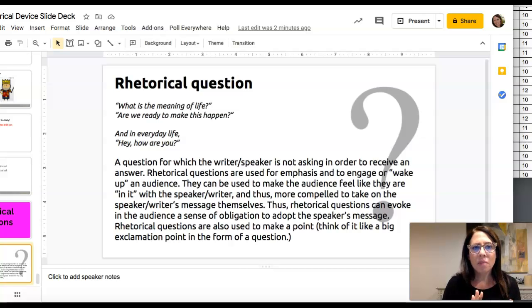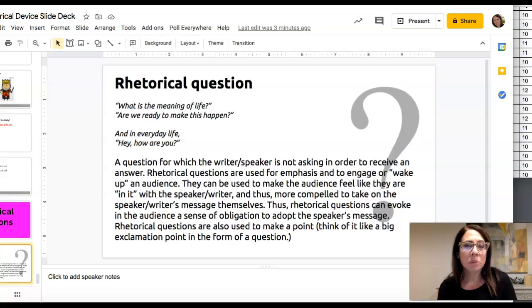A lot of times if a writer is asking rhetorical questions, it's a way to engage the audience and make them feel, like I always say, in it with the speaker, like they're a part of answering this question. A lot of times when someone asks you a question, you feel obligated to answer. And that's exactly what is happening in the speech when that speaker is asking the audience questions.